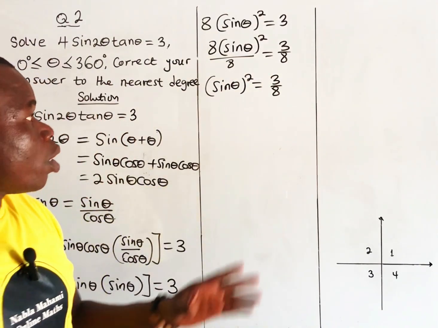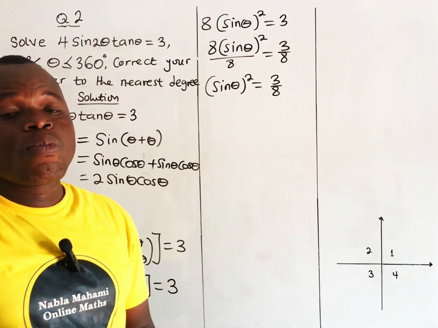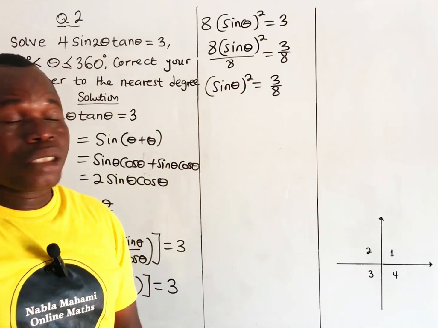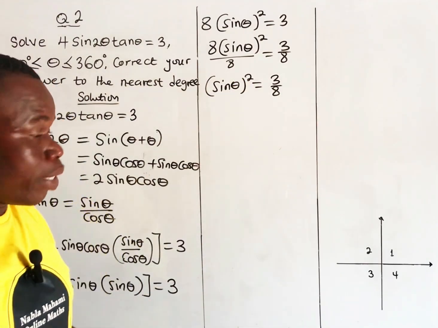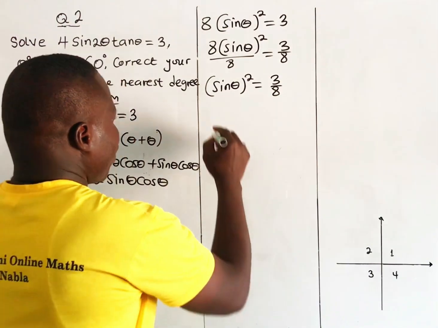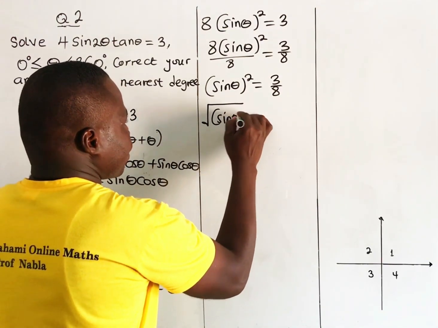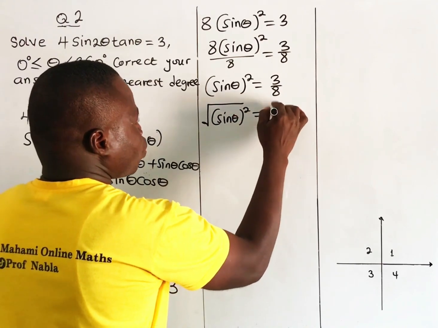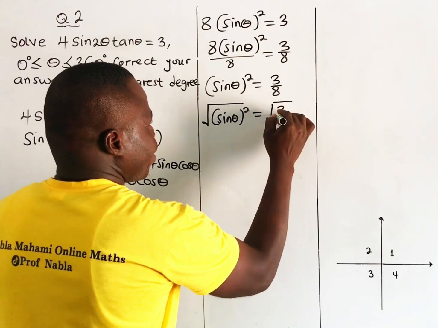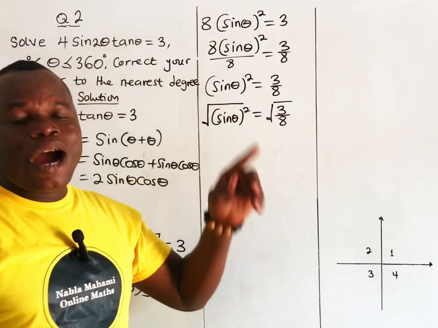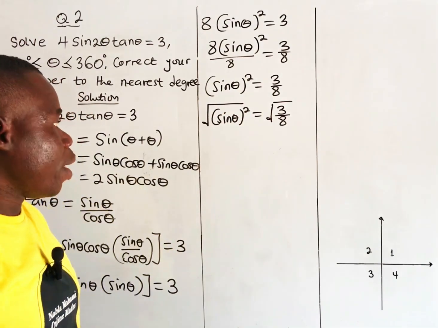To continue, I will take the square root on both sides in order to remove the power 2. So I have the square root of sine theta all squared is equal to the square root of 3 over 8.